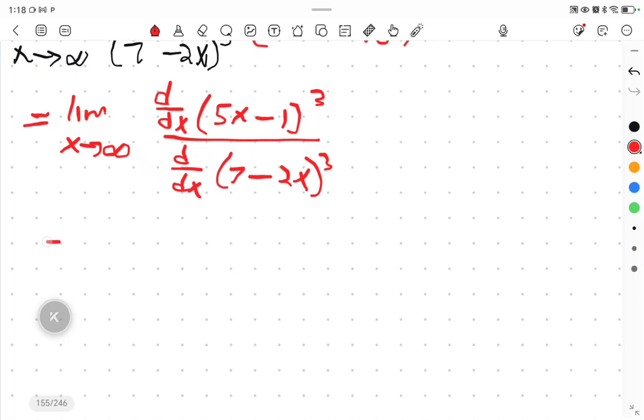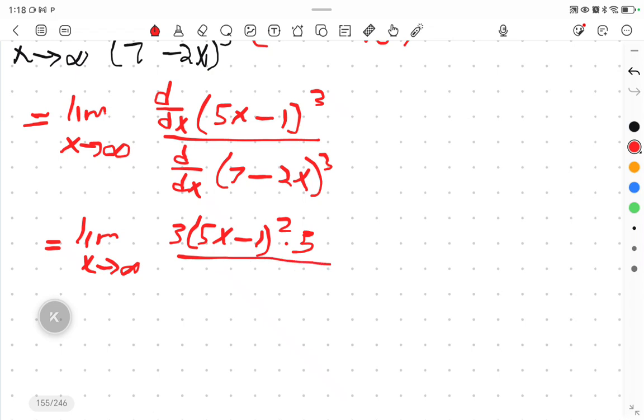So when we derive this, we're going to have the limit as x approaches infinity of, we drop the 3, keep the inside, we have squared times the derivative of the inside, which is 5. We have all over 3, 7 minus 2x squared, times the derivative of the inside, which is minus 2.